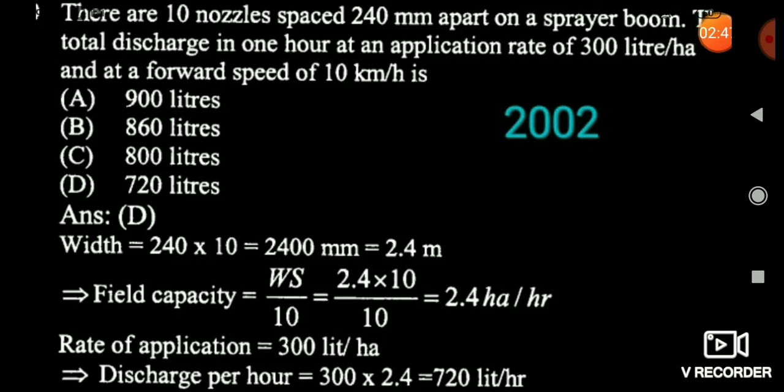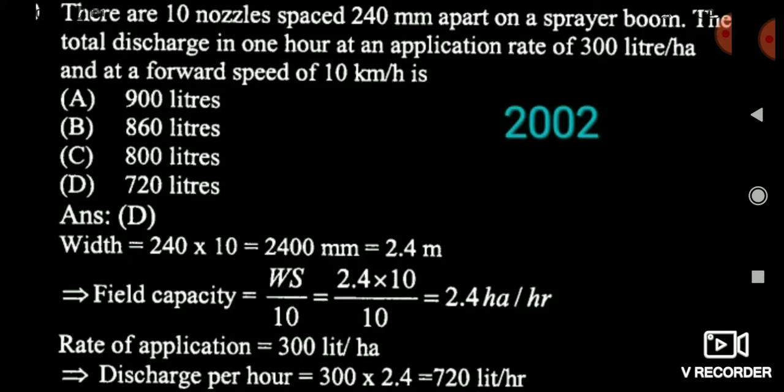But actually, you should understand the logic behind this question, that our field capacity is 2.4 hectare per hour and it has given the application rate is 300 liters per hectare, means for 1 hectare of land 300 liters of discharge is needed, means a sprayer will need 300 liters of liquid for 1 hectare of land.